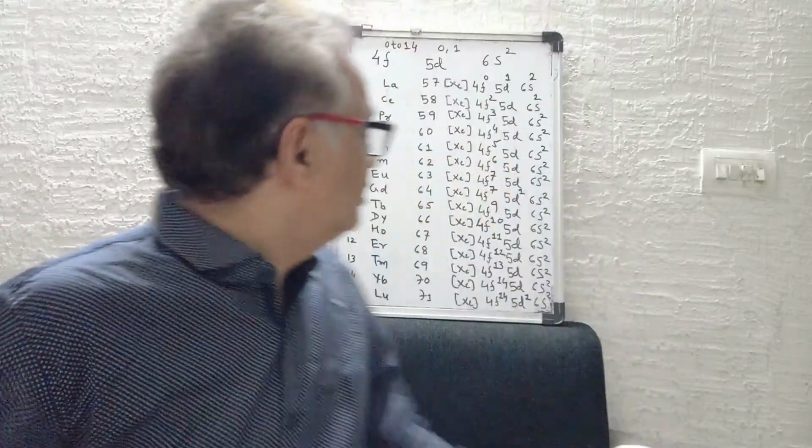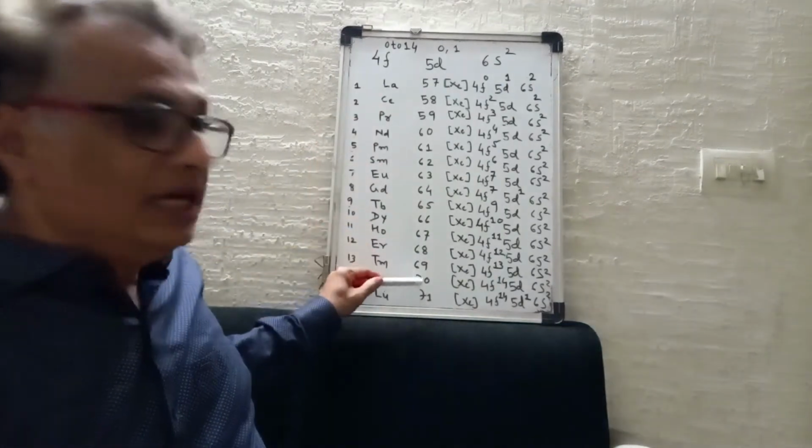Now, according to the definition of lanthanide elements, the elements in which the newly entering electron takes a position in the 4f energy level are known as lanthanide elements. According to this definition, only 13 elements from cerium to ytterbium, atomic number 58 to 70, should be members of the lanthanide series.